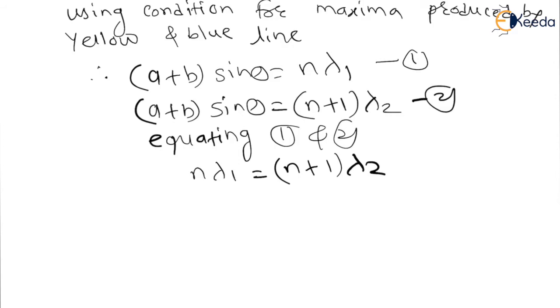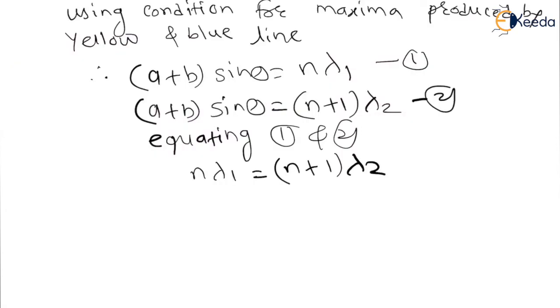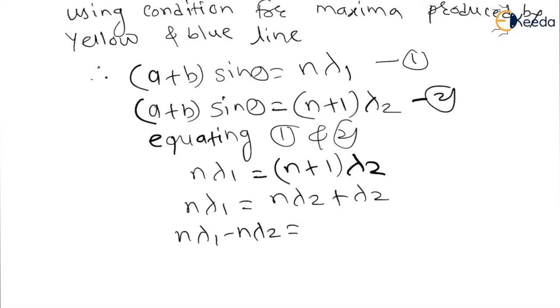Now what are the values of lambda 1 and lambda 2? Lambda 1 is 6000 angstrom and lambda 2 is 4800 angstrom. Put the values over here. First simplify the equation. n lambda 1 equals n lambda 2 plus lambda 2. Then shift n lambda 2 towards the LHS. You get n lambda 1 minus n lambda 2 equals lambda 2.